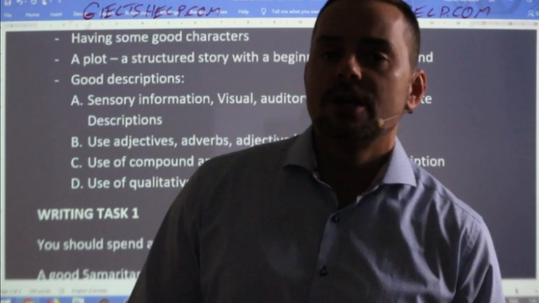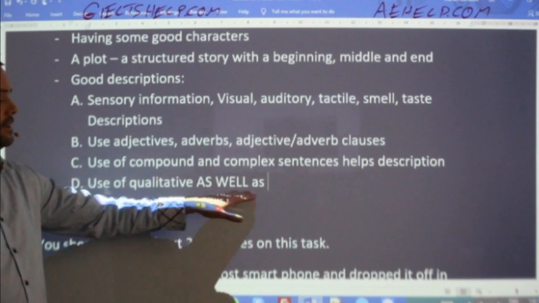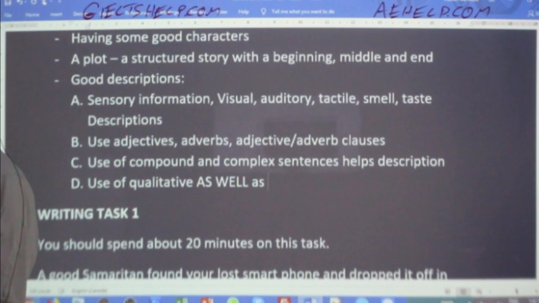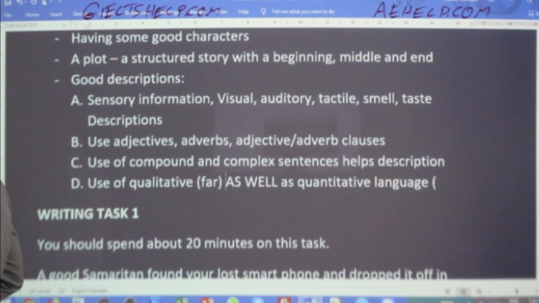So I'm using qualitative as well as quantitative language, okay? The qualitative is far, it's relative, it's subjective, different for different people. The quantitative language is saying 10 kilometers.